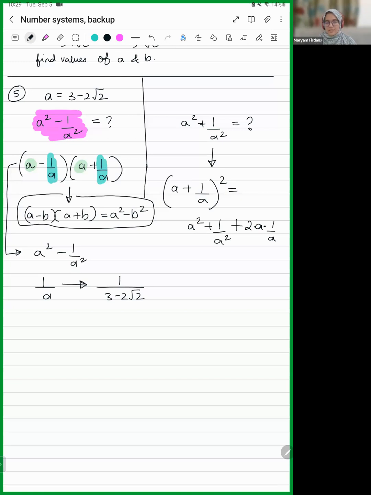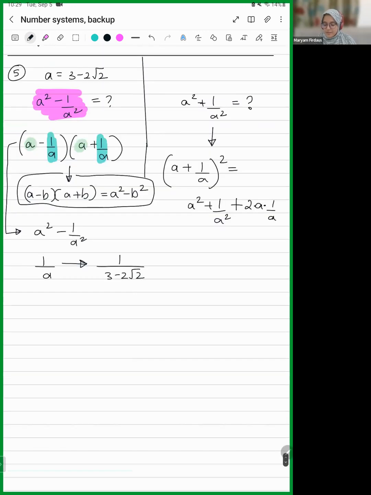Any confusion in this? We are using that formula, a square plus b square plus 2ab. So here, this and this get cancelled and give us plus 2. So we will do such questions later. Let's just focus on this one right now.